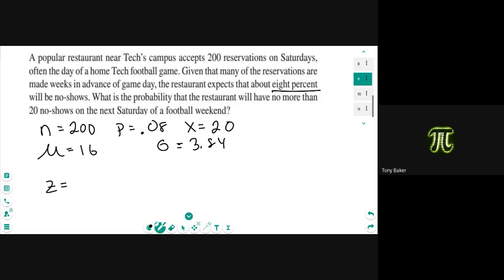So now we have to do our z-score: 20 minus 16 over 3.84. So 1.04.